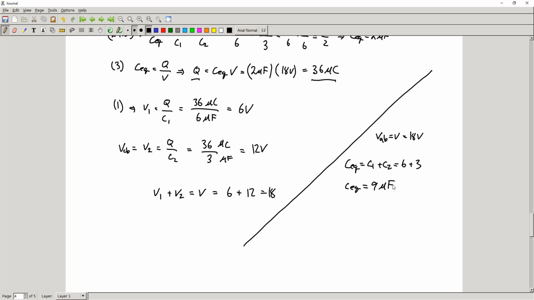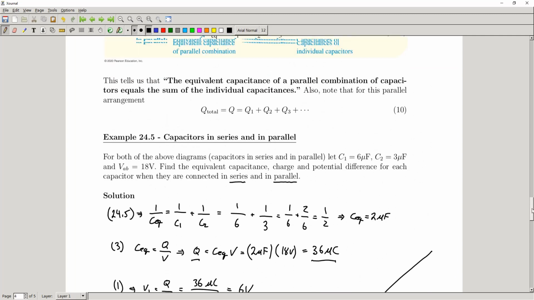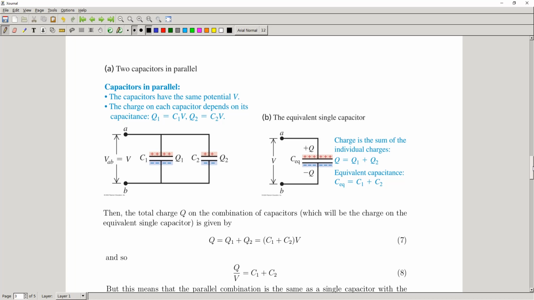Okay, and then we want to know what the charge is going to end up being, right? And so let's find the charge first on each of our capacitors here. We're going to do the first one and then the second one, and then we're going to know that Q needs to be Q1 plus Q2.